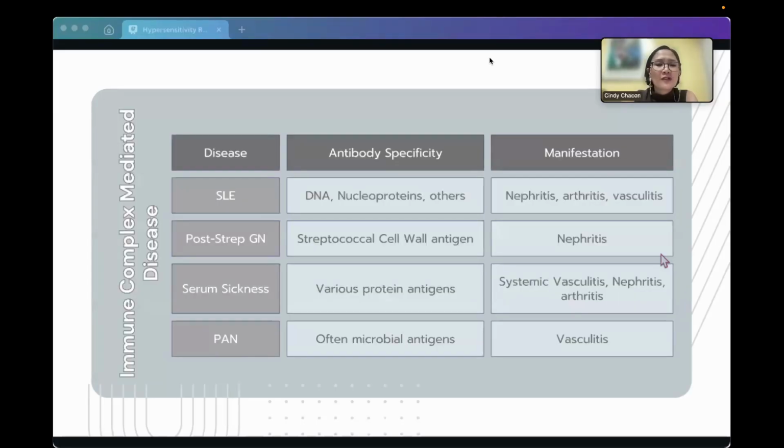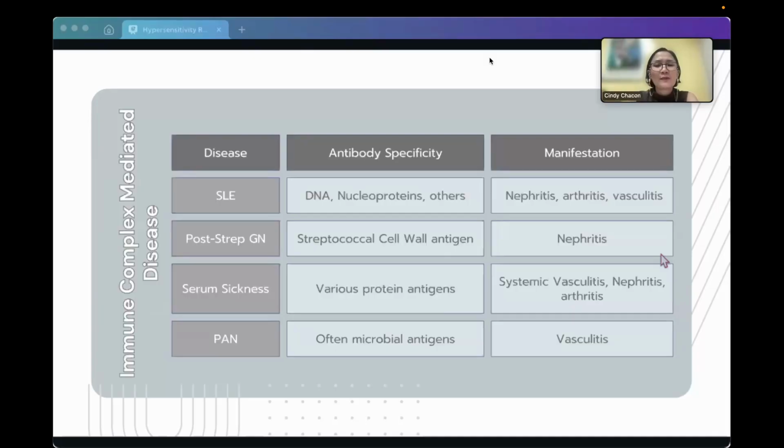You also have serum sickness, basically the same pathophysiologic mechanism. They occur after a foreign serum is administered, like an animal-derived antitoxin, or certain drugs. The antibodies will form complexes and deposit in various organs again, causing systemic vasculitis, nephritis, arthritis.